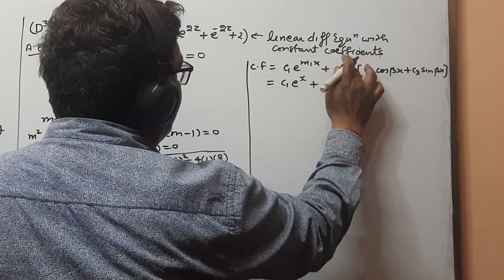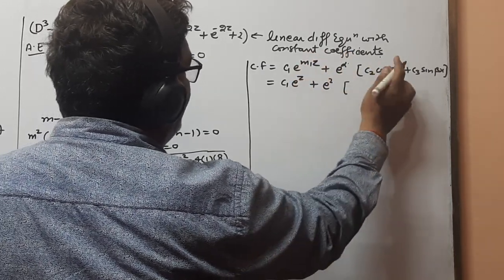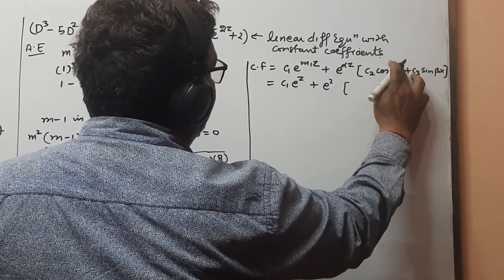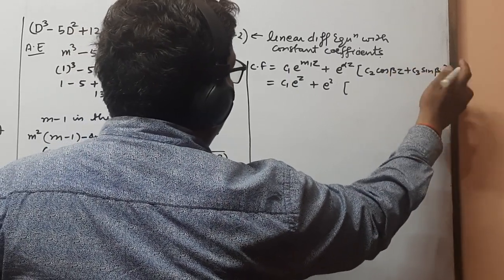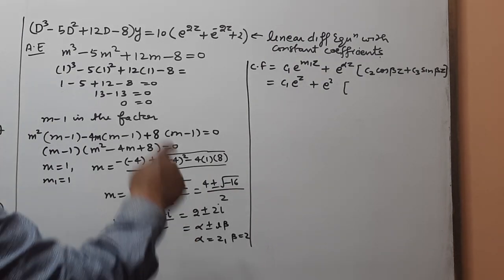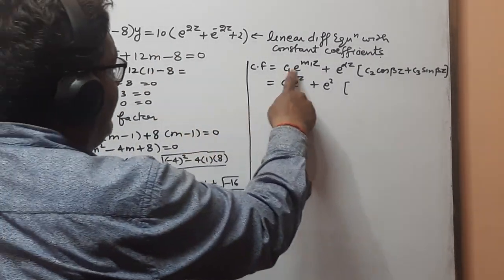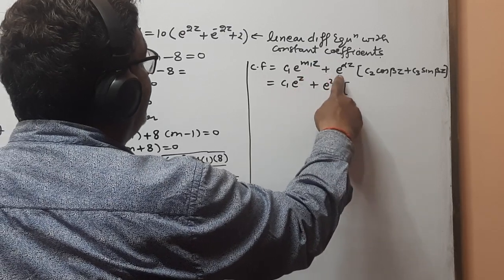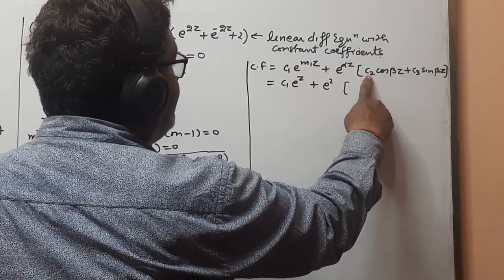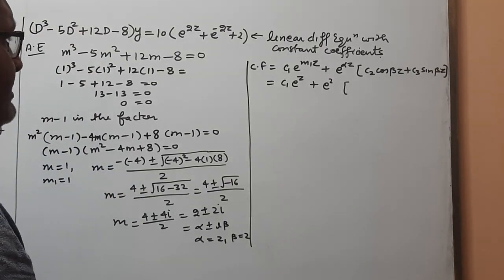Here we write this in z, because we convert this differential equation into the variable z. So the complementary function of the above linear differential equation with constant coefficient is c1 times e to the power m1z plus e to the power alpha z times c2 cos beta z plus c3 times sin beta z.